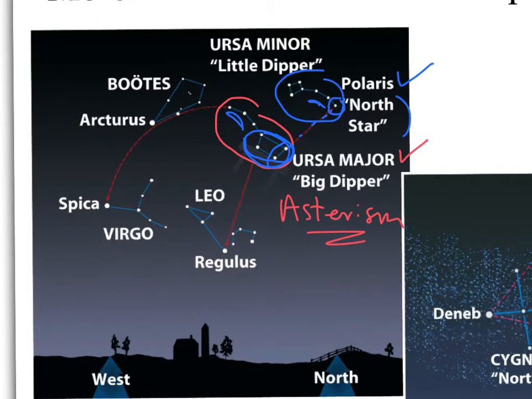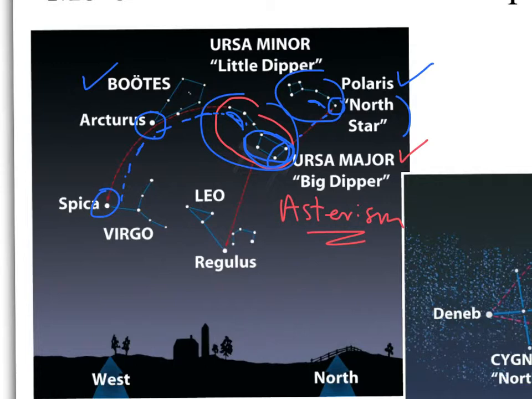Once you've found the Big Dipper, you can also find a star called Arcturus. This time you focus on the handle of the Big Dipper, and it arcs over to the star called Arcturus. Arcturus is in a constellation called Bootes. If the horizon is such, then after you arc to Arcturus, you can speed on to the star called Spica, which is a star in Virgo.